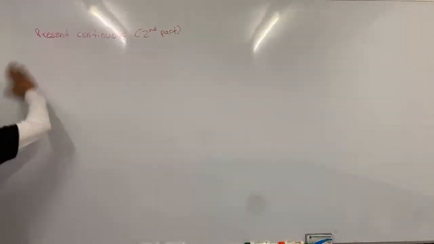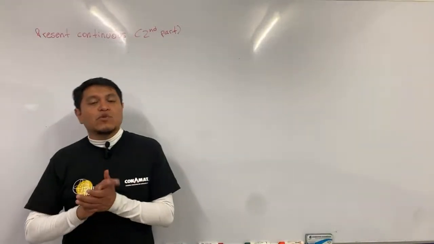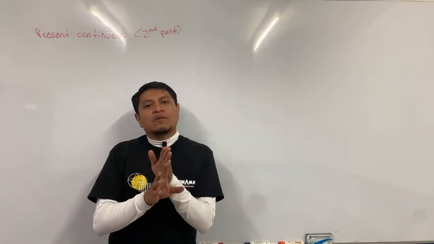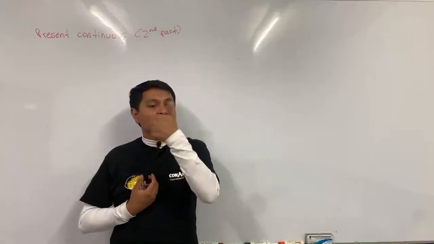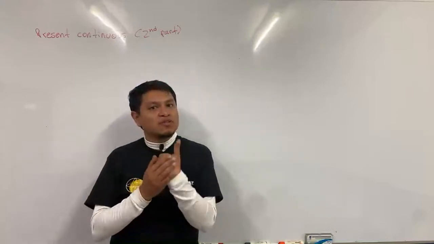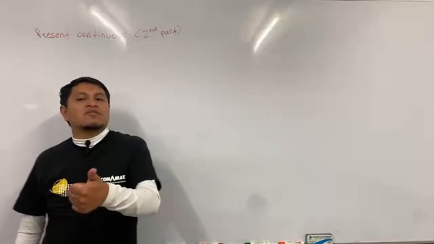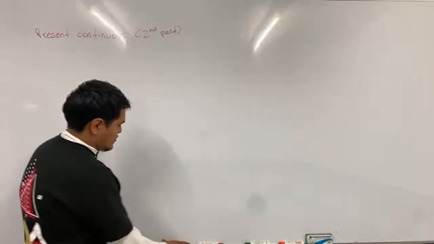Como acabamos de ver, el presente continuo es para cosas que están pasando en este momento. Ahora vamos a profundizar un poco más porque este es solamente uno de los usos, el más común. Pero voy a darte dos usos más, right? The present continuous, use number one.